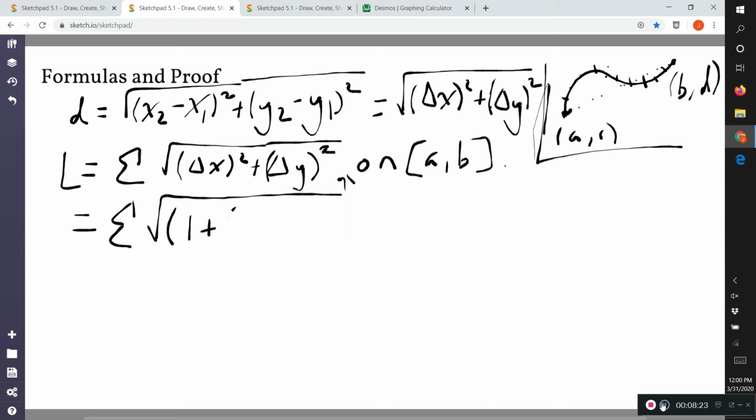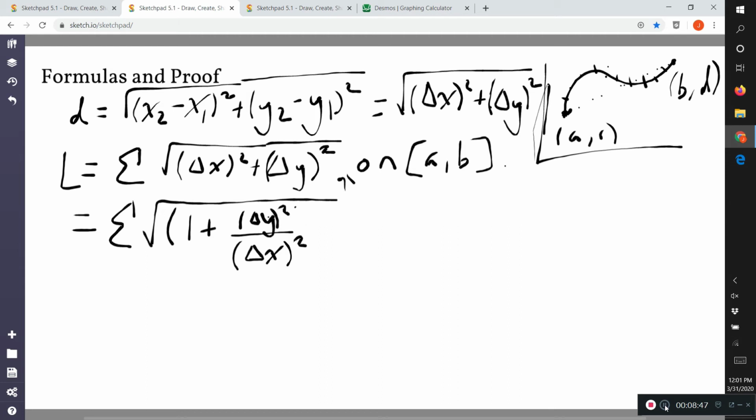When you factor out a delta x squared from a delta y, you're going to get delta y squared divided by delta x squared. Now, that's going to result in having a delta x squared inside of your radical, but outside of the quantity you just made.